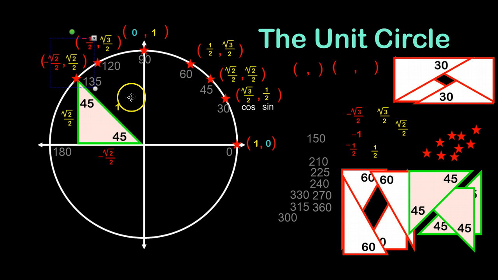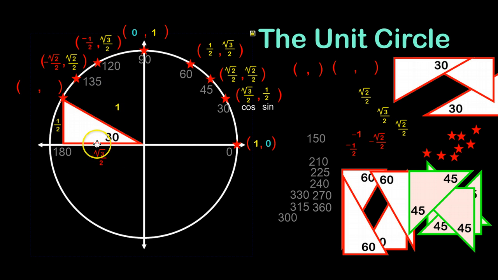Notice the sine is positive in this quadrant and the cosine is negative. The next stop is 30 degrees back from 180, so that would be 150 degrees. And 150 degrees would have a cosine value of negative root 3 over 2 and a sine of 1/2. And this pretty much completes quadrant 2, all the special values.